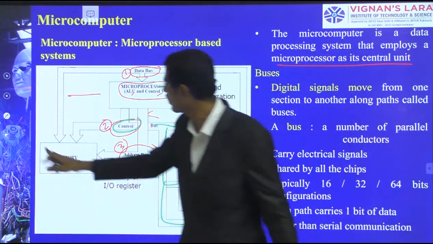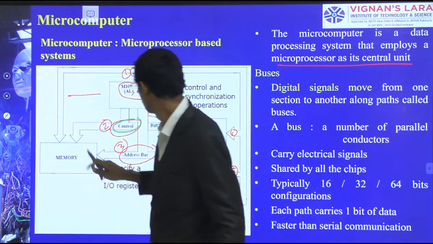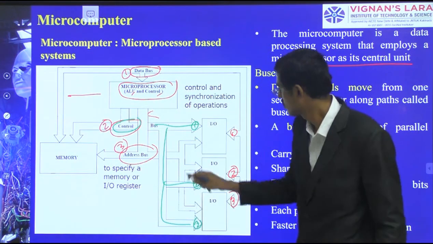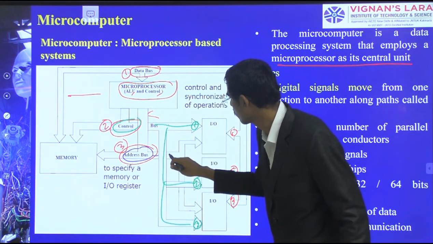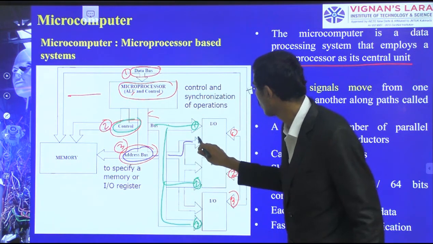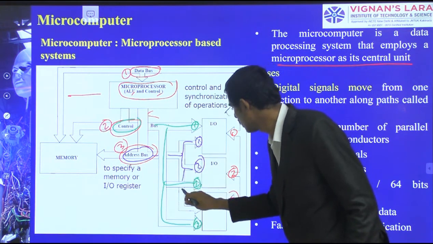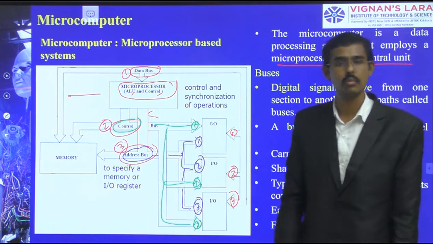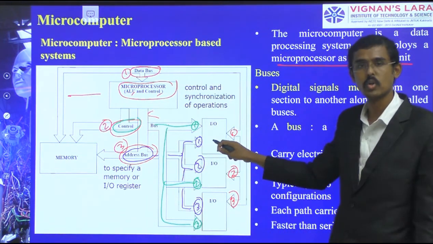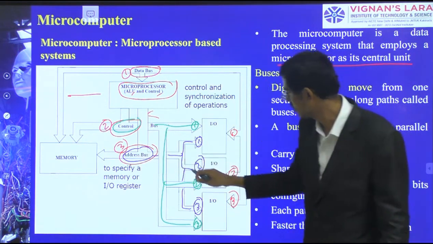And then the third one I am taking is the address bus. See, the address bus is coming from here, number 1, number 2, similarly number 3. So these three connections you should give: data bus to the input output, control bus to the input output, and address bus to the input output.